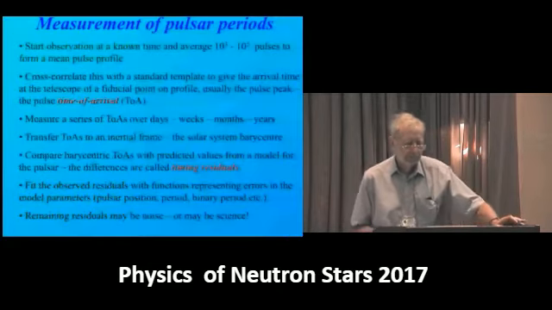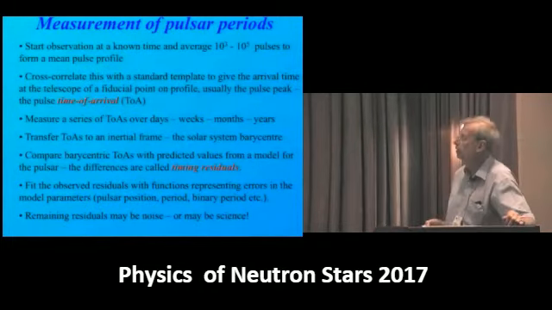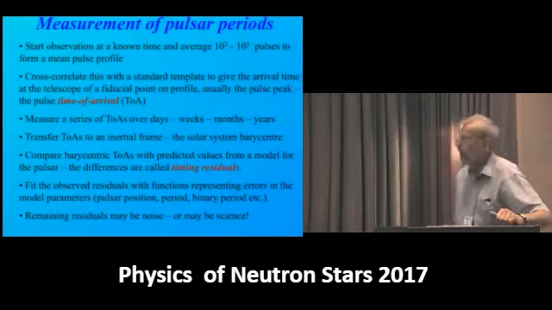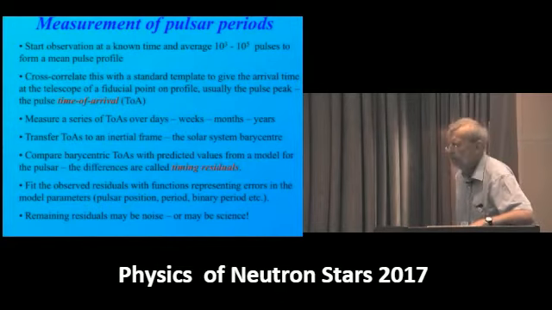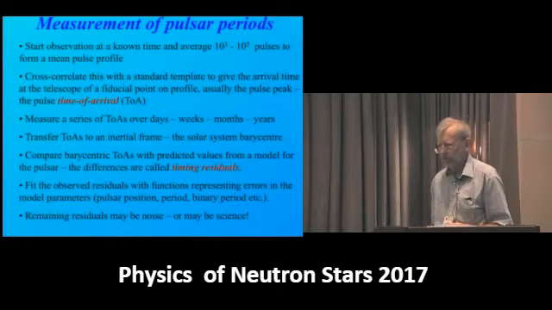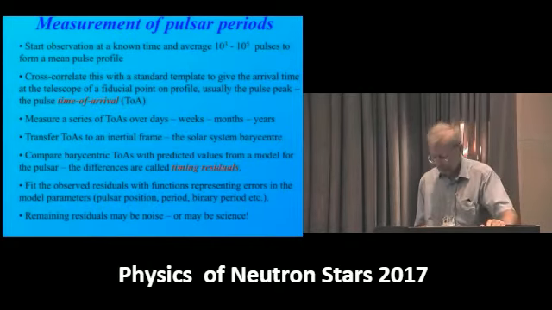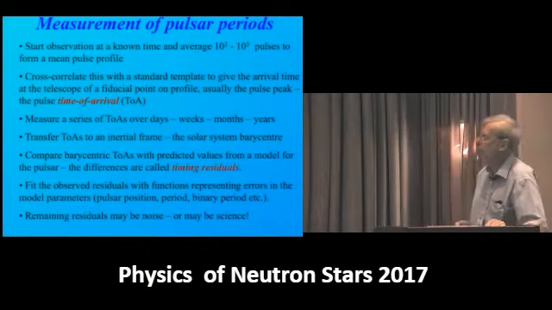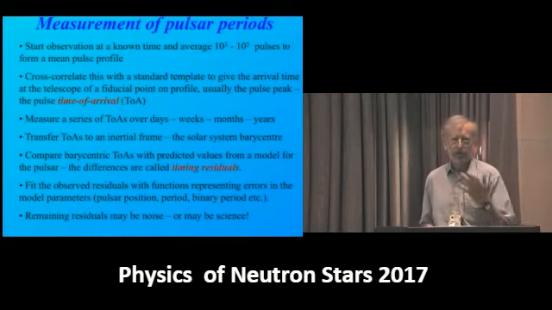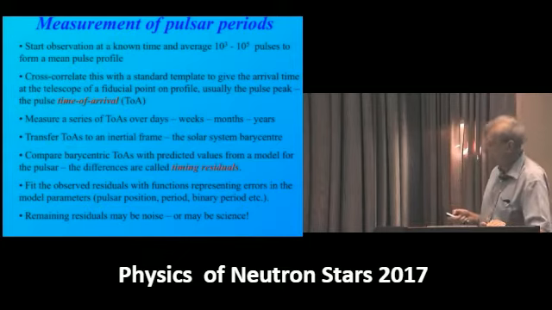So we can measure pulsar periods to very high precision. So how do we actually do that? First of all, when a pulsar is found, we have a basic period and usually the dispersion measure, very approximate, but enough to average a certain amount of data together to form a mean pulse profile over half an hour or so.